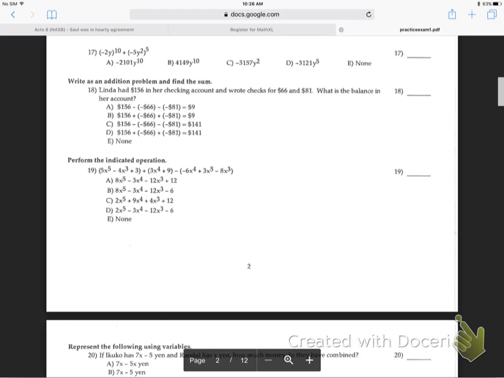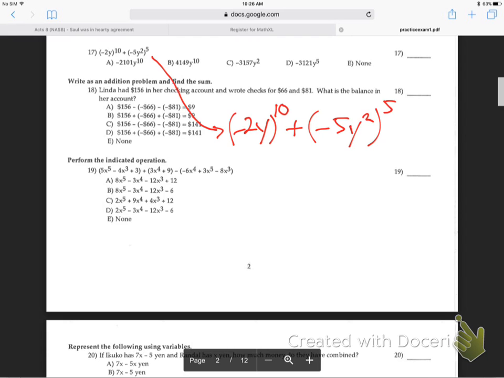So number 17. Okay. So there it is. So minus 2y to the 10th. Okay, yes, bring it over here. Minus 2y to the 10th plus minus 5y squared. Go ahead. I don't know if you already did it, but we've been talking about this, so maybe you're a little better at it now.